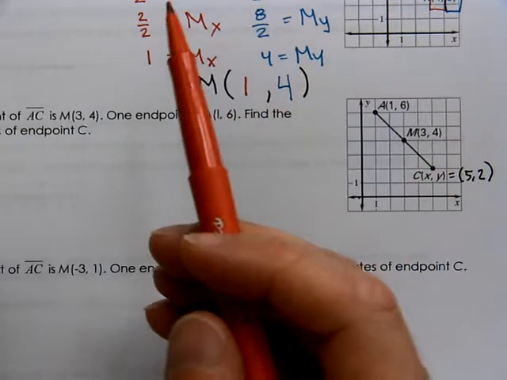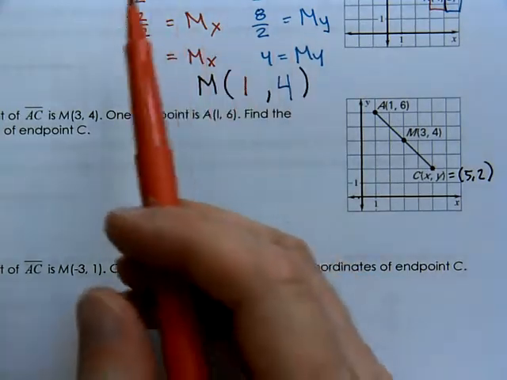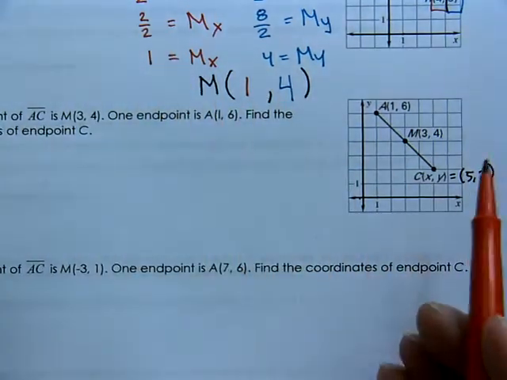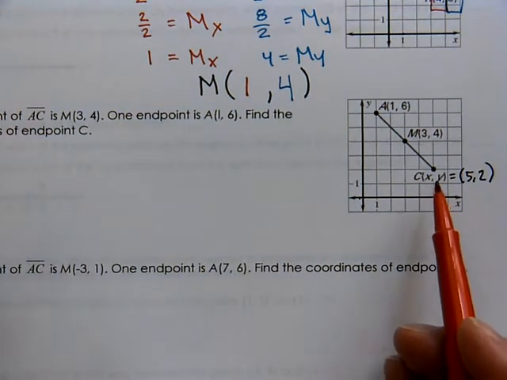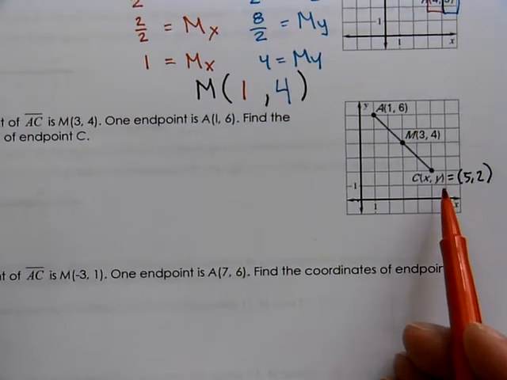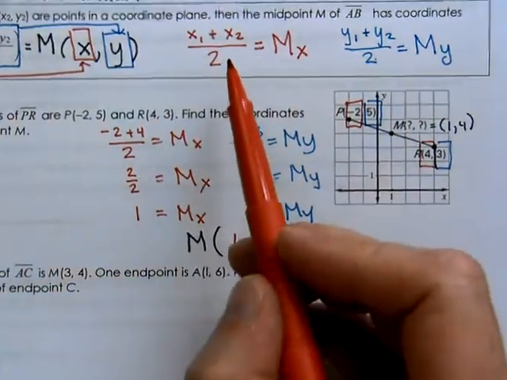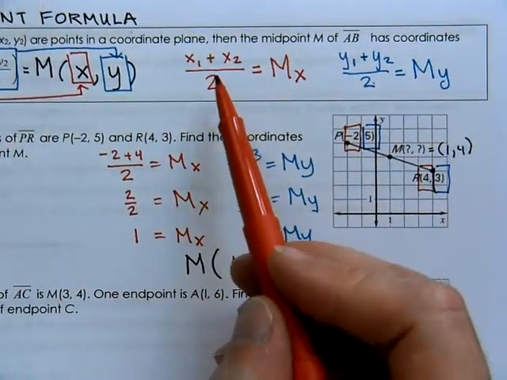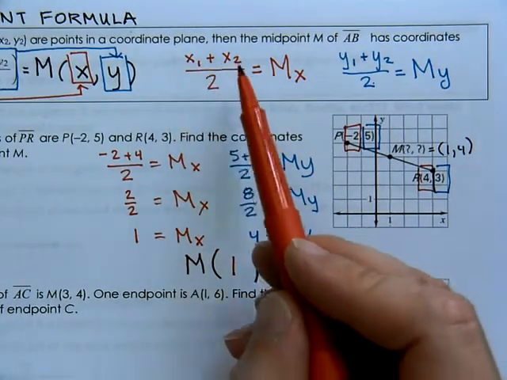Again, you need to use 2 different colors, one for your x's and one for your y's, and we're going to set this up to solve for the unknown endpoint. That will be our variable we're solving for when we solve for the x's. So let's think about what the formula was that we just said we're using. We're using the formula that says you have to add up the x-coordinates of the endpoints.